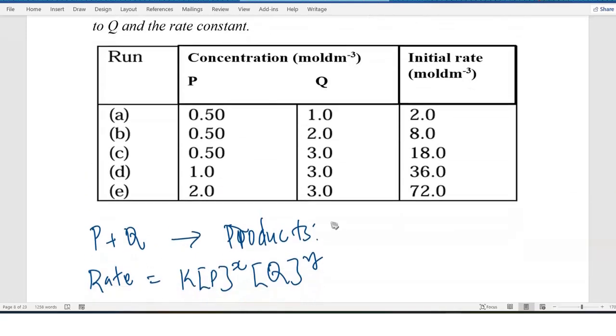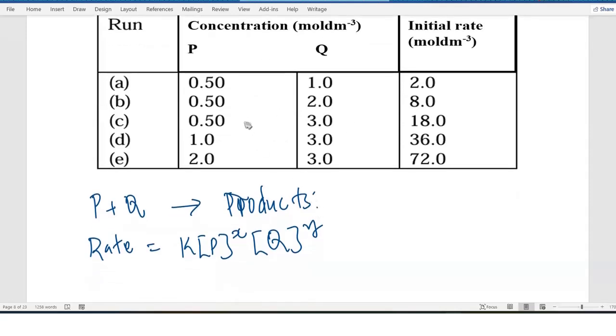We look at the results of the experiment, and we look at where P was constant while Q was varying. That is going to help us to determine Y. Then later we look at Q held constant where P was varying. That would give us X.